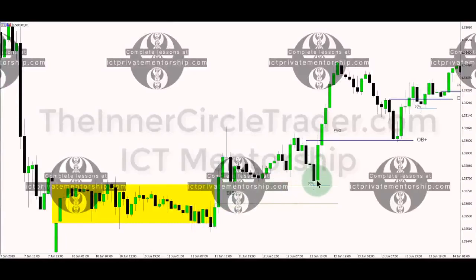Price creates a run down into this BISI, and this is the actual low of that candle, and I have a Fibonacci just laid over top of that to delineate the central portion, or consequent encroachment of that gap. Every wick is a gap, just like this is a gap here. Okay, this right here is a gap.